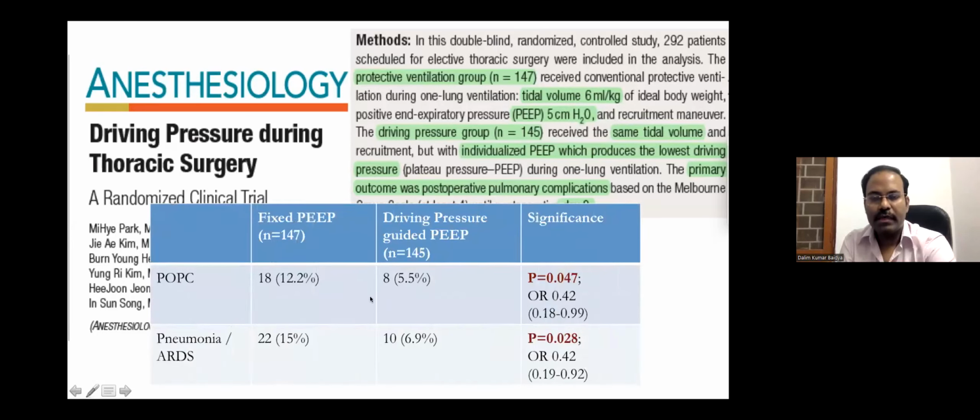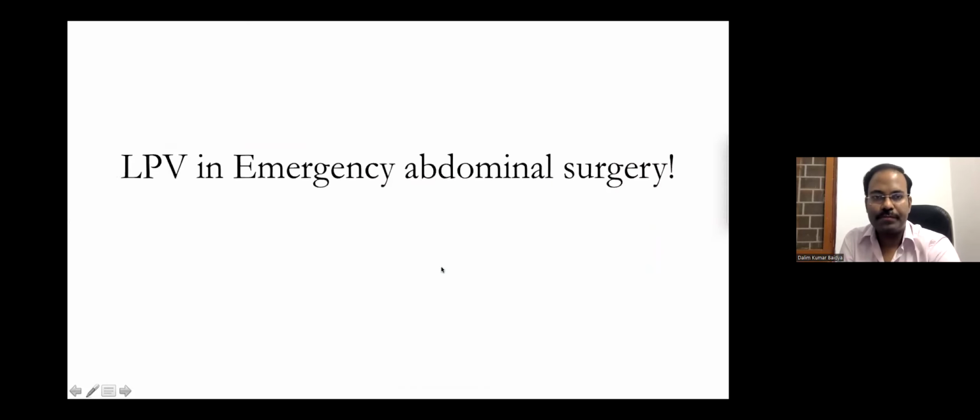The incidence of POPC was significantly reduced in the driving pressure guided PEEP group compared to the fixed PEEP or protective ventilation group, as was the incidence of major complications like pneumonia and ARDS. So in thoracic anesthesia patients undergoing one lung ventilation also, there may be some role of PEEP titration based on driving pressure compared to a fixed PEEP strategy.